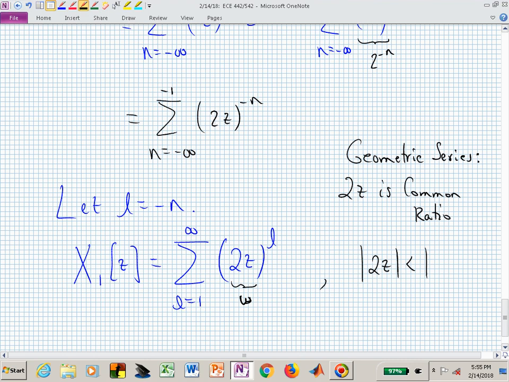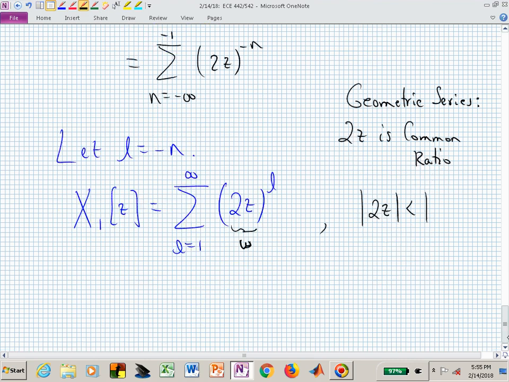And we know that will be well behaved when 2z's magnitude is less than 1, but we can push the 2 to the other side by multiplying both sides by 1/2, and now we have a bound on z, the complex variable. This says the magnitude of z is less than 1/2, and that, in fact, establishes our region of convergence. That's where this series converges, for values of z with magnitude less than 1/2.